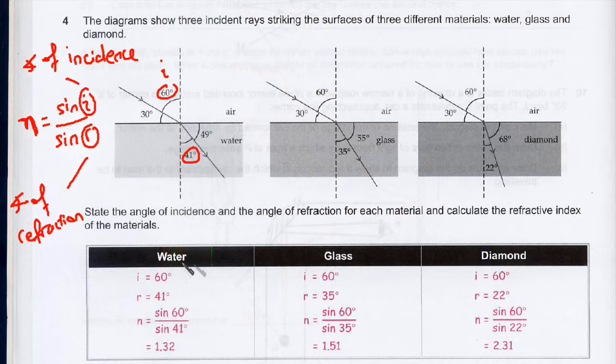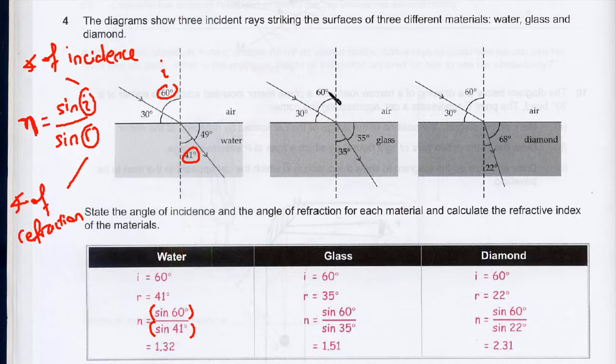How do we find the refractive index of water? We use this formula: n equals sine i over sine r. I is 60 and r is 41. Please practice how you calculate this value using your calculator. Sine 60, you put a bracket and divide by sine 41, in a bracket, and you divide these two values, and you should be able to get 1.32.